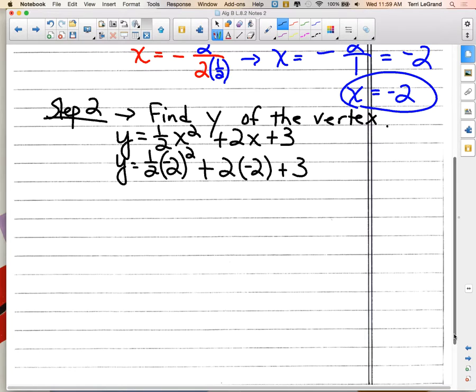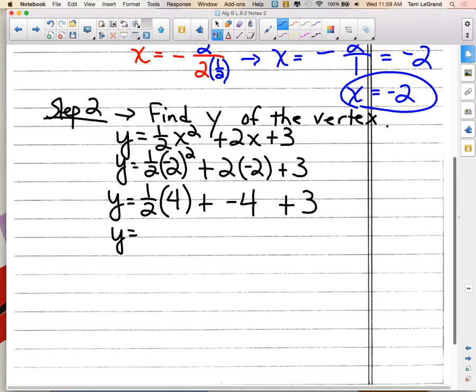What do we do first here? Square -2. What does that become? 4, next, 2 times -2, and then our plus 3, right?